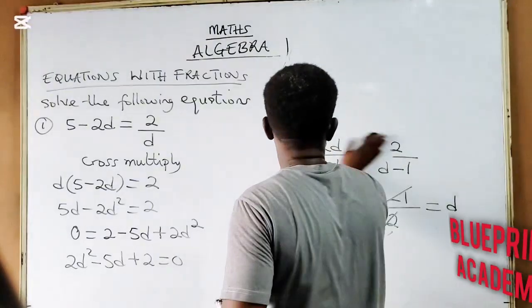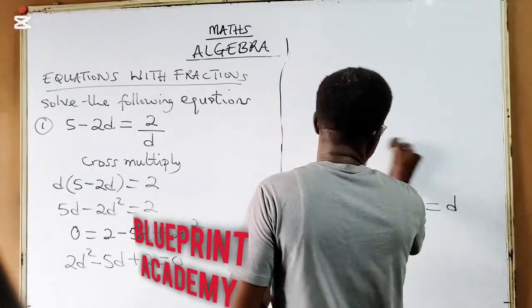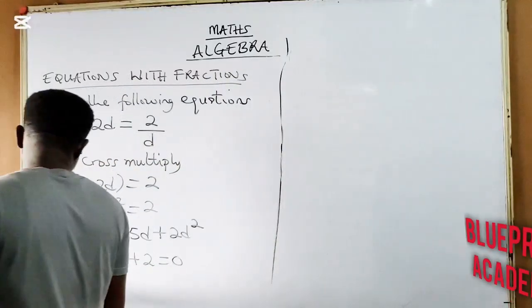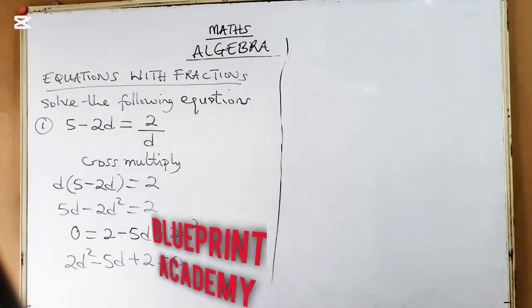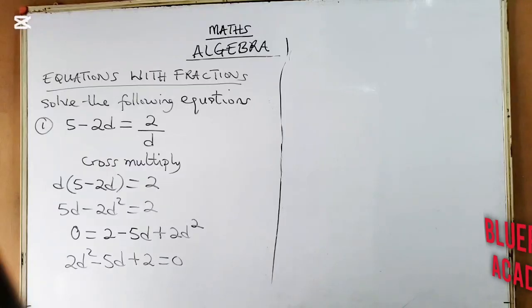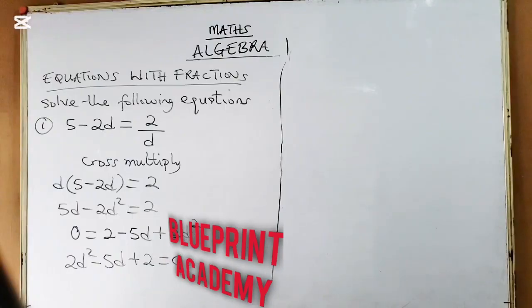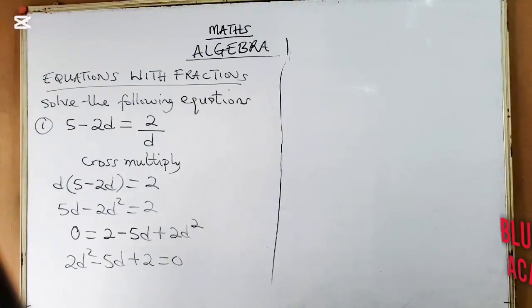What I'll do is multiply the coefficient of d squared, which is 2 in this case, by the constant 2. 2 times 2 will give us 4. So now look for two numbers such that if I multiply them, I'll get 4, but when I add them, I'll get minus 5.